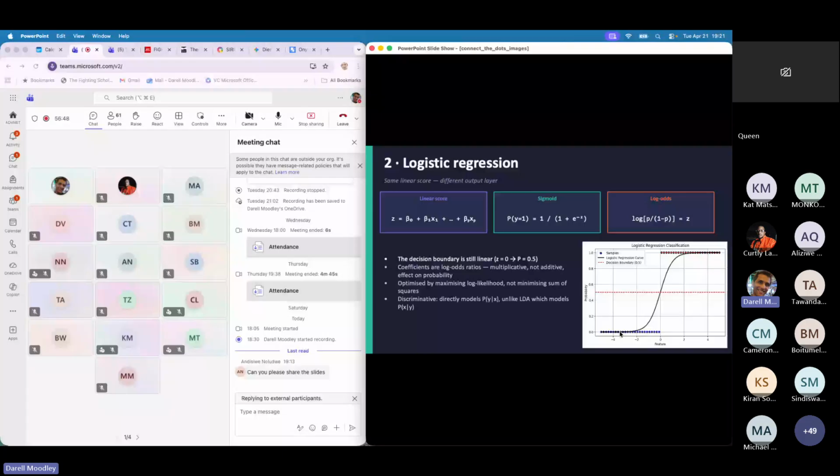When that probability is lower than 0.5, the point is closer to being class 0, or a non-fraud case. If it's above 0.5, then it's more likely to be a fraud case. That's how you connect Z to the probability.